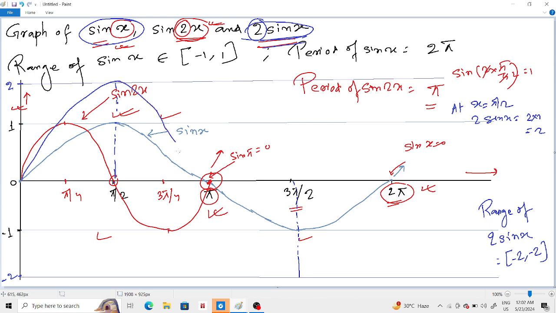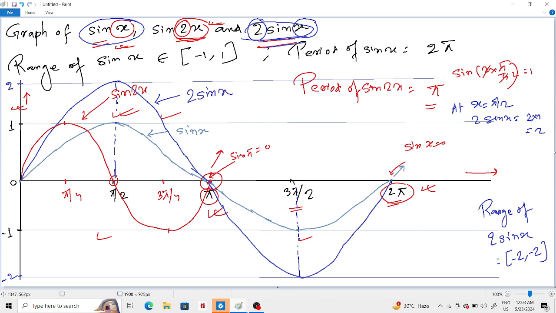So the design is going to be the same thing. There is no change in the x-axis. Why no change in the x-axis? Because here also we have x, here also we have x. Only the y-axis is getting doubled since there is 2 in front, and it is going to go like this, and then it is going to go like this. So this is the graph of 2 sin x.